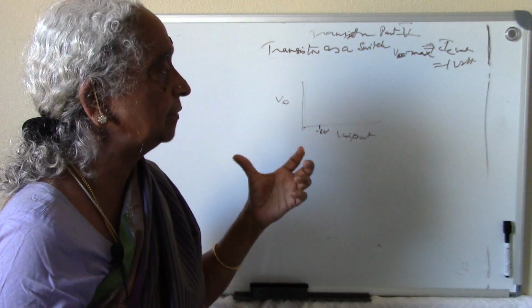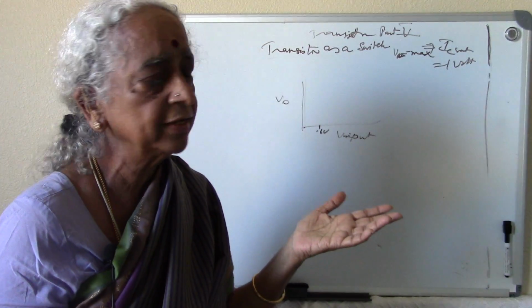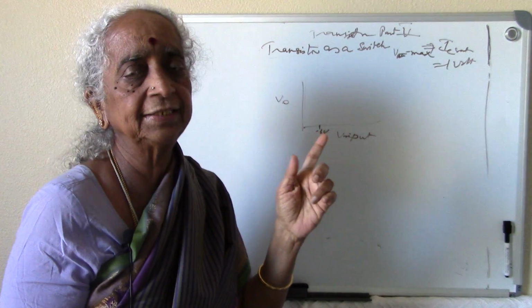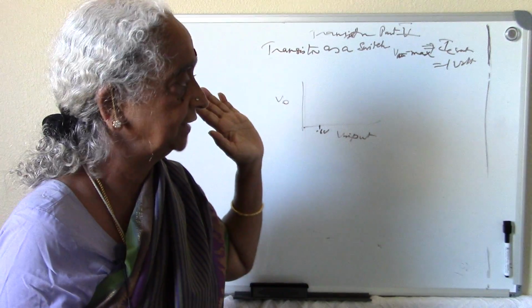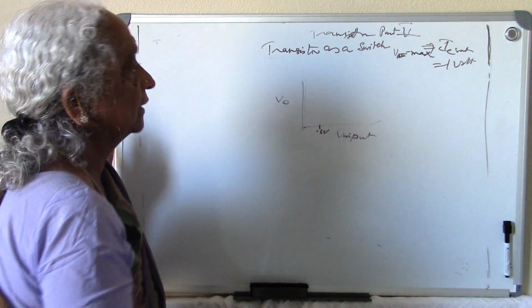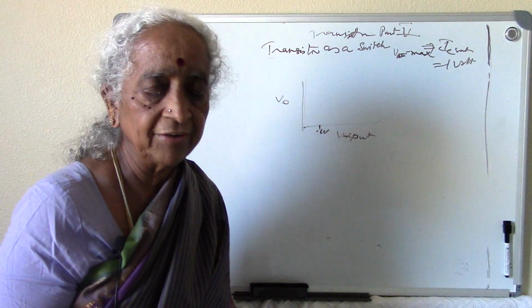For that maximum, the potential drop across RC will be so high that the reverse bias at that junction will not be adequate to reverse bias the junction, and as a result you will have the output low.